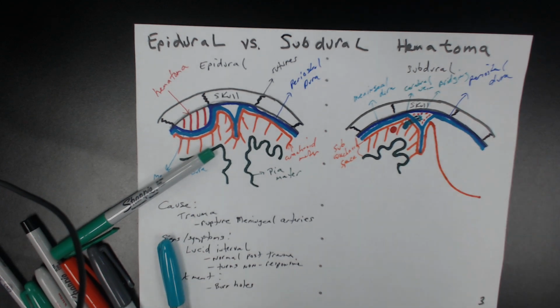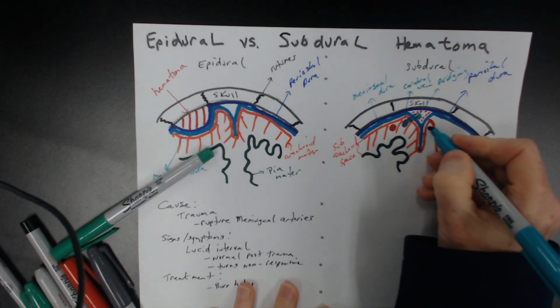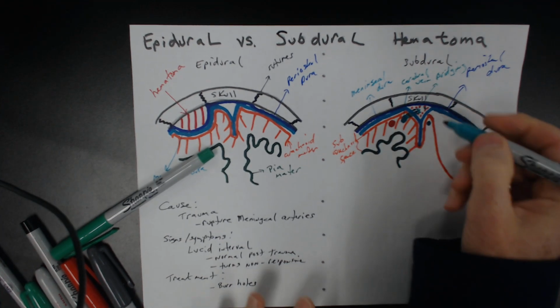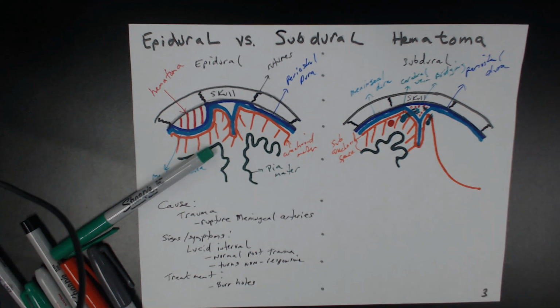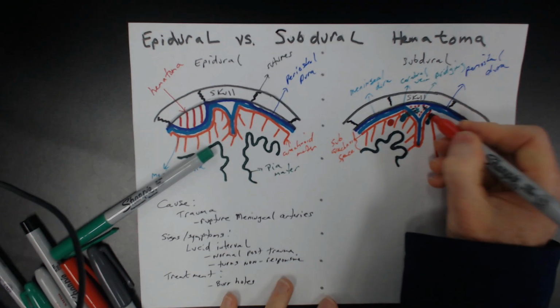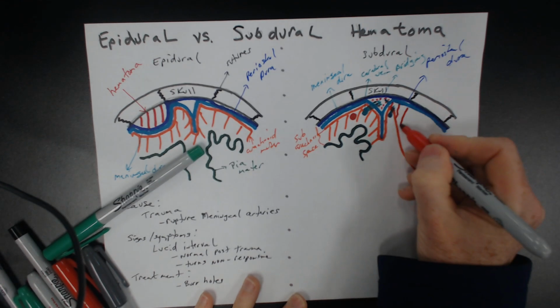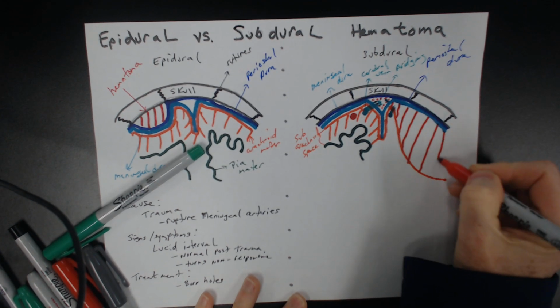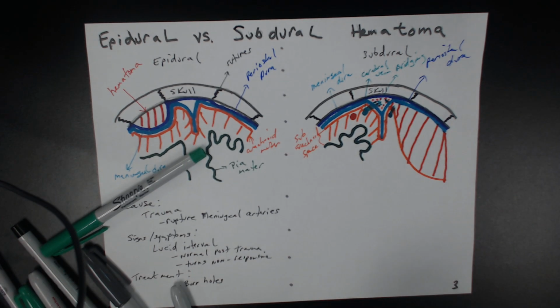So the vein, instead of draining into that superior sagittal sinus, there's a rupture of that bridging vein. Okay, and the rupture of that bridging vein is what causes the pooling of blood here subdurally. Okay, so all that red area, that's going to be your hematoma.